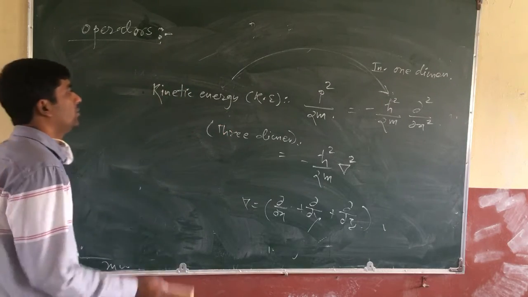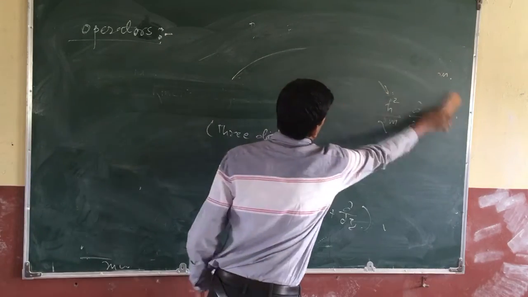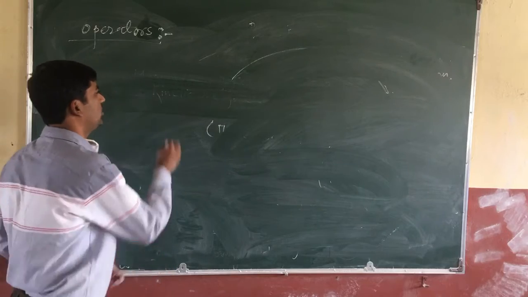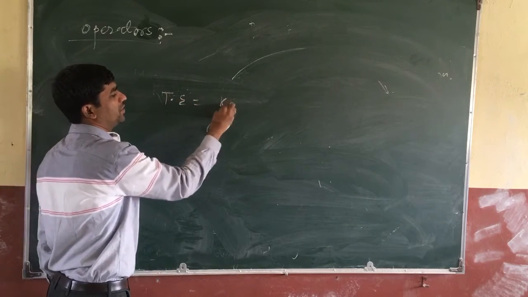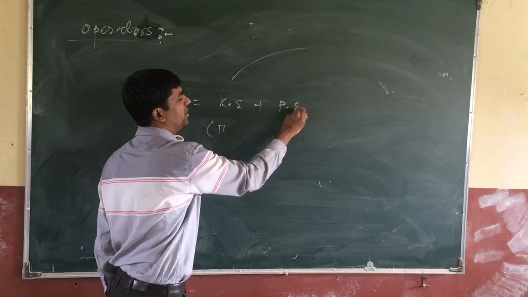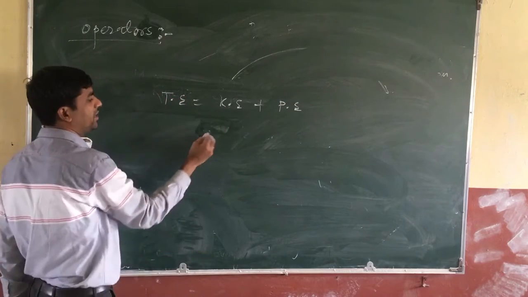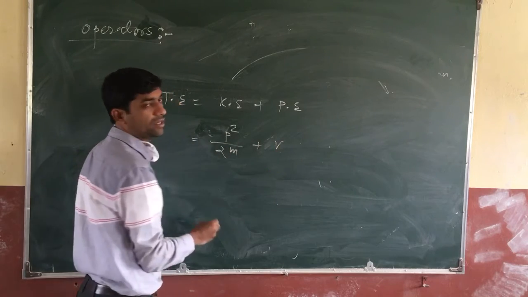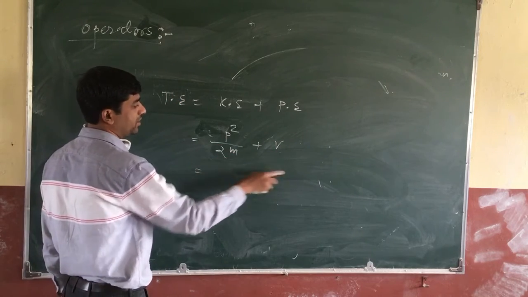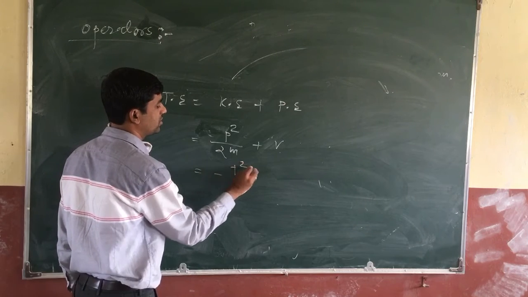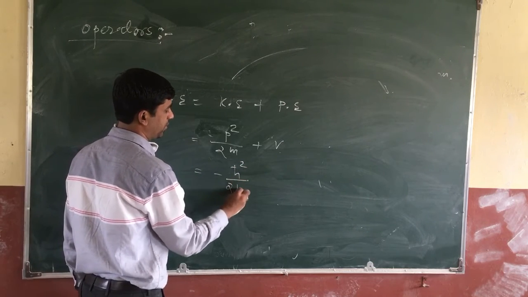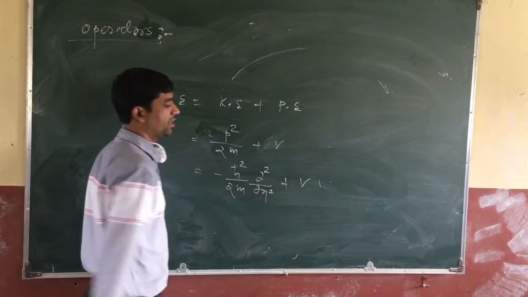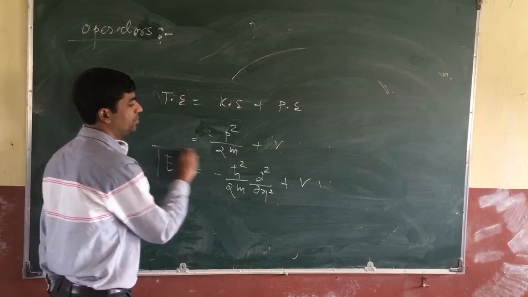Now if you have to find the operator for total energy, what is total energy? Total energy is equal to kinetic energy plus potential energy. Kinetic energy is P square divided by twice m, and the potential is V. Using the momentum operator already derived, we get minus h cross square divided by twice m, d square divided by dx square, plus the potential.